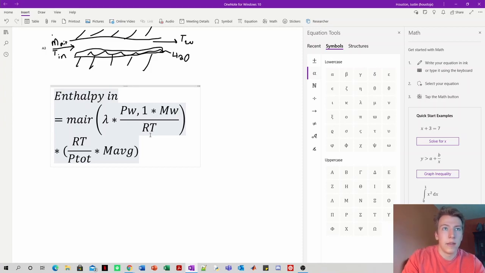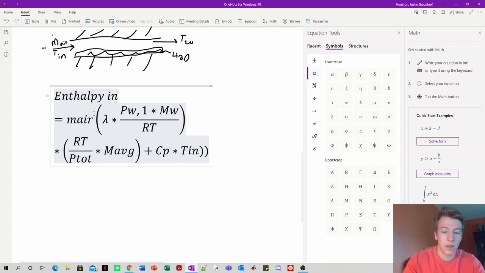And then we're going to add heat capacity times the temperature inlet, and I should add one more parenthesis here and extend this. So that's going to be our enthalpy in equation.